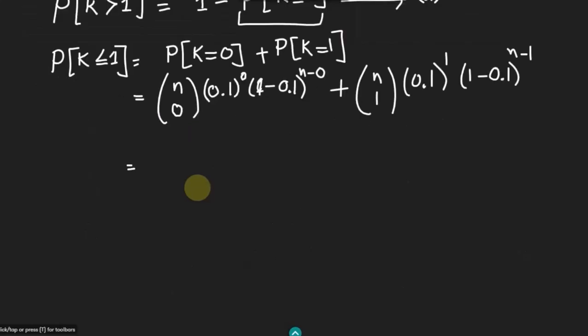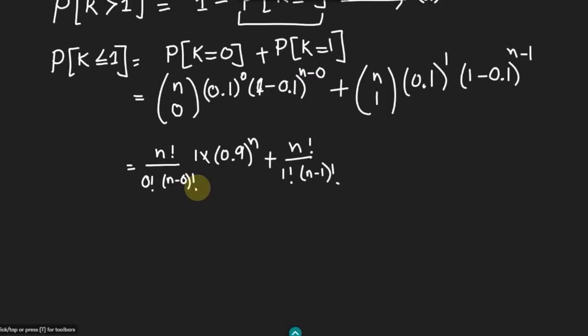So here, solving it now, this is 1, because n factorial divided by 0 factorial times n minus 0 factorial is 1. So this will also be 1 multiplied by 1 minus 0.1, which is 0.9, to the power of n. Here we can also see that it would be n factorial divided by 1 factorial and n minus 1 factorial, and here it would be 0.1.